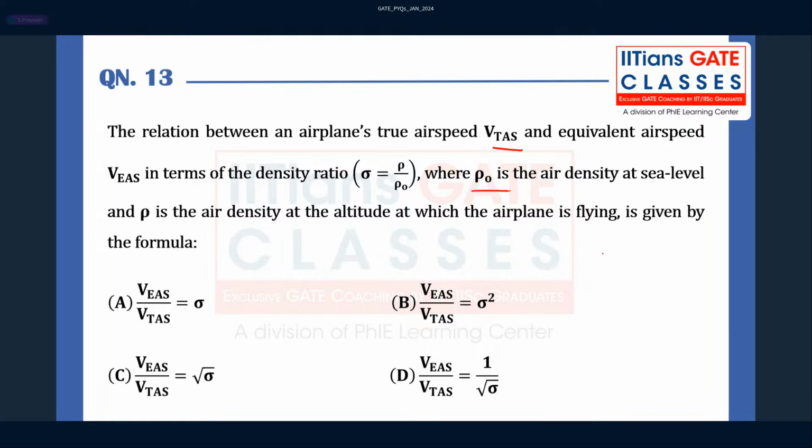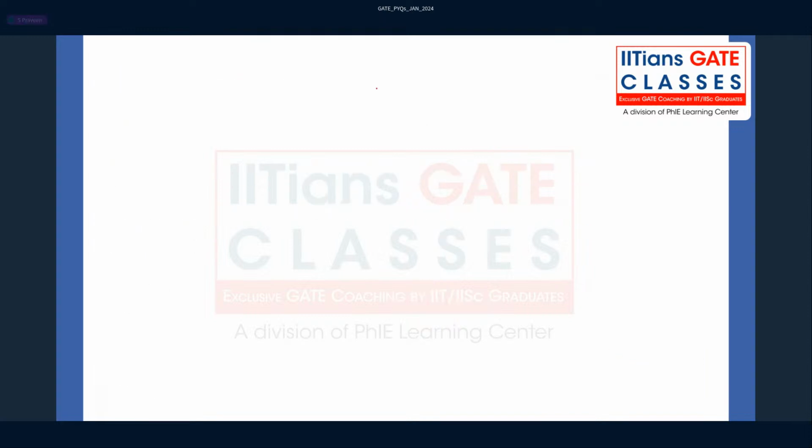Basically, how do you approach this problem? Let's see that. We have 4 airspeeds here. One is my indicated airspeed.